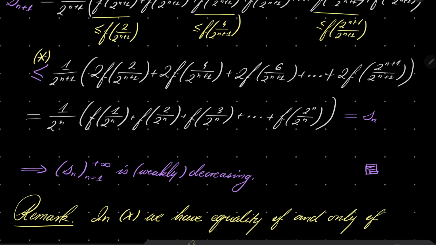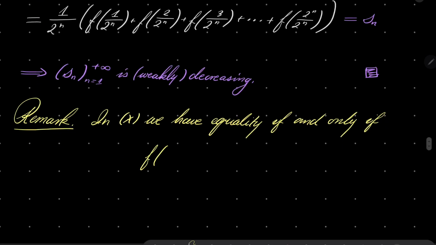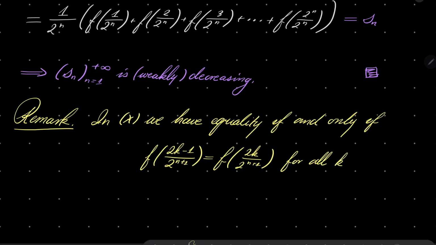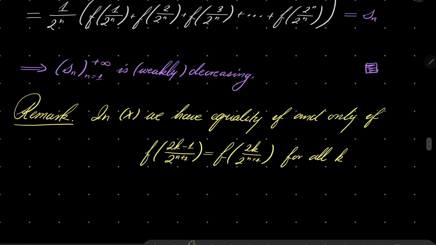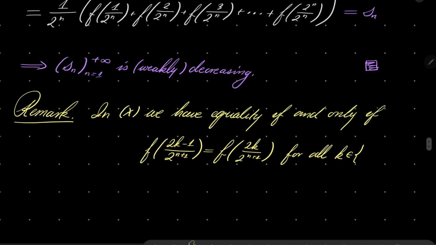So if and only if f of (2k minus 1) over 2 to the power n plus 1 equals f of 2k over 2 to the power n plus 1 for all k. Maybe let's be specific, for all k from 1 to 2 to the power of n.